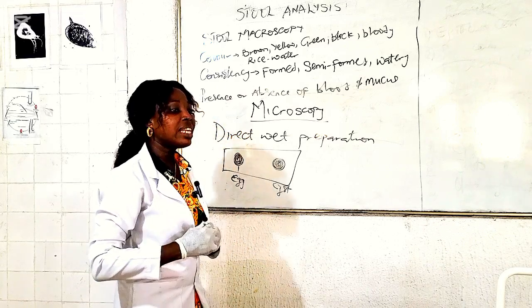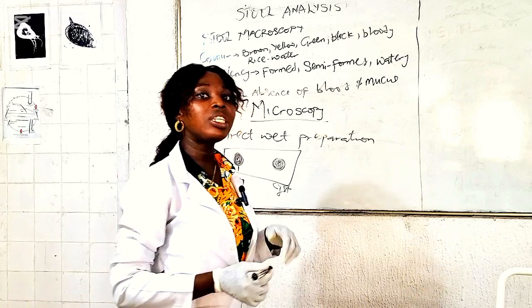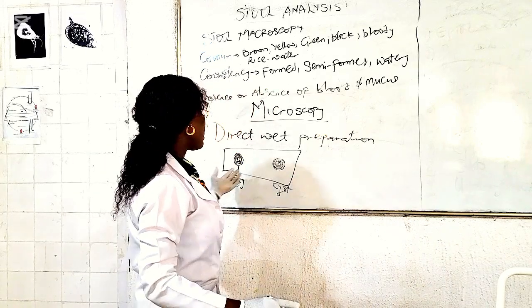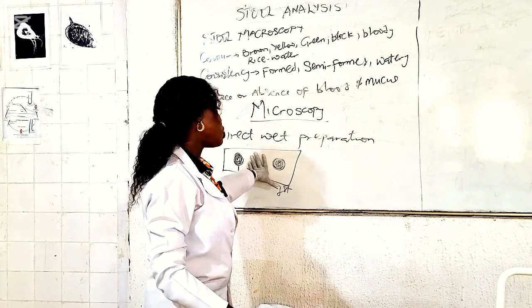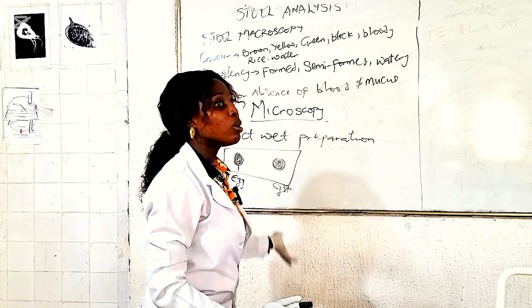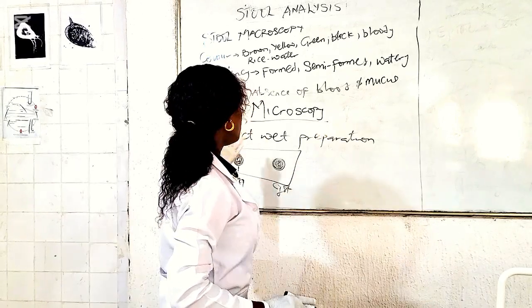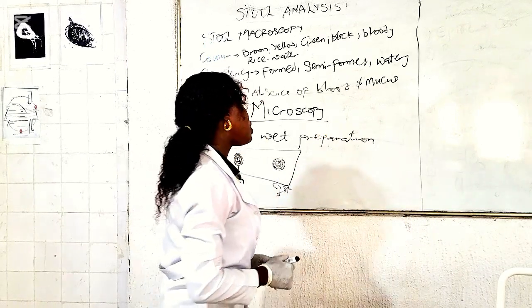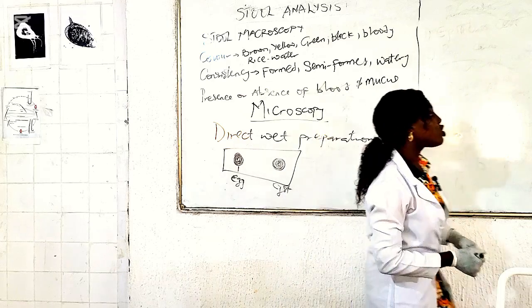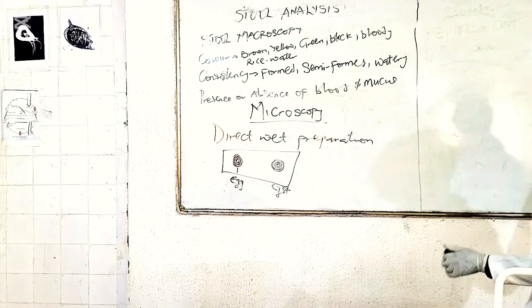So let's assume that you did not see any parasite at this stage, or you did the direct wet mount and you did not see any parasite. You proceed over to the concentration method.